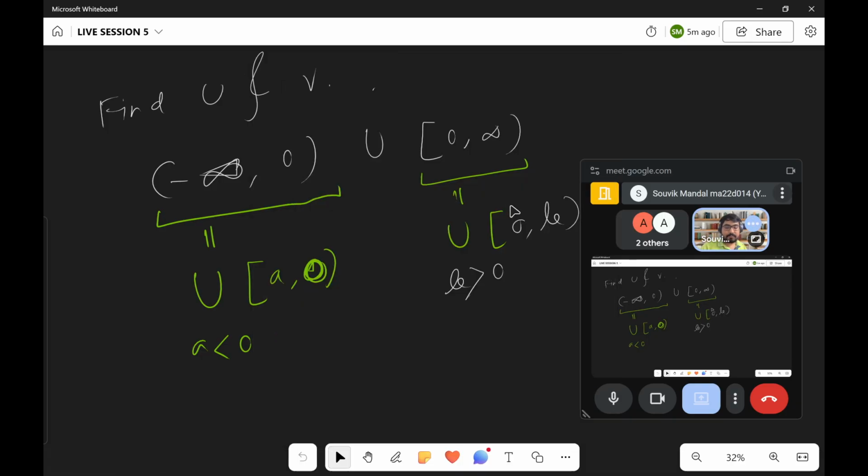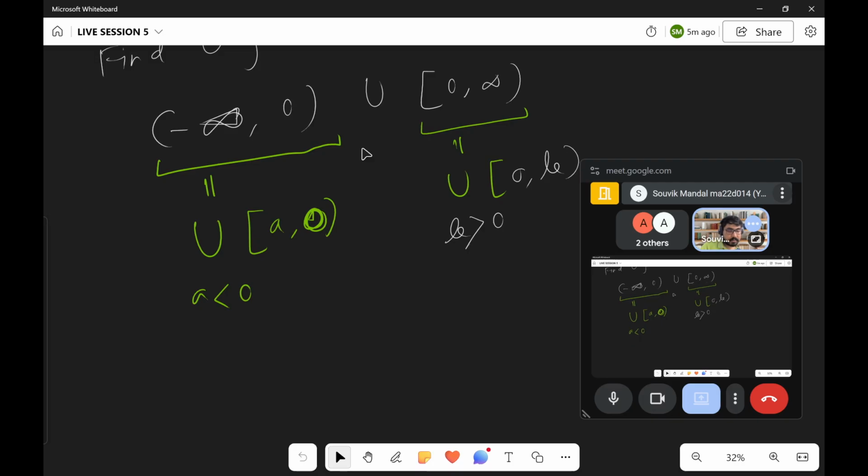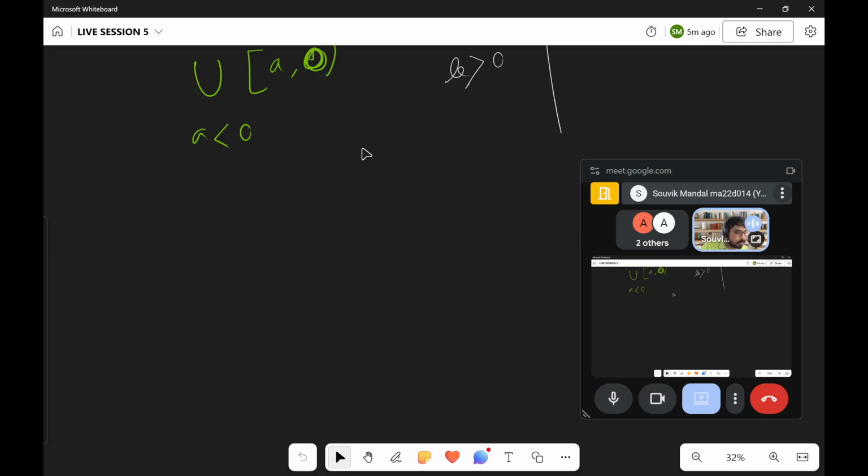So now the next question is that, we have seen the notion of the cofinite topology, correct. Cofinite topology means that complements are finite. So the question is that, let me write it down.